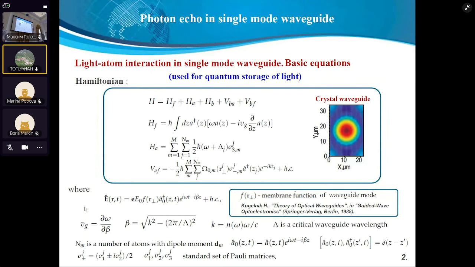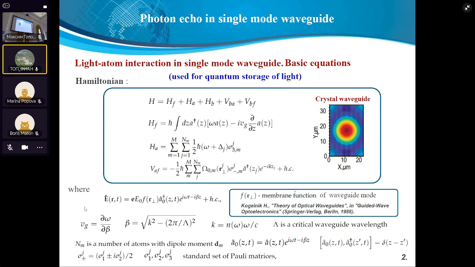In our case, our colleagues from Moscow State University, Sergey Pavlovich Kulik and Alexander Kalinkin, created a waveguide in a crystal with some parameters, and we numerically studied the properties of this waveguide. We found that this waveguide has a single optical mode, and for single mode waveguides, it's possible to start from this Hamiltonian, which includes single mode light, the atomic ensemble, and their interaction, with this coupling constant determined by the spatial structure of light.